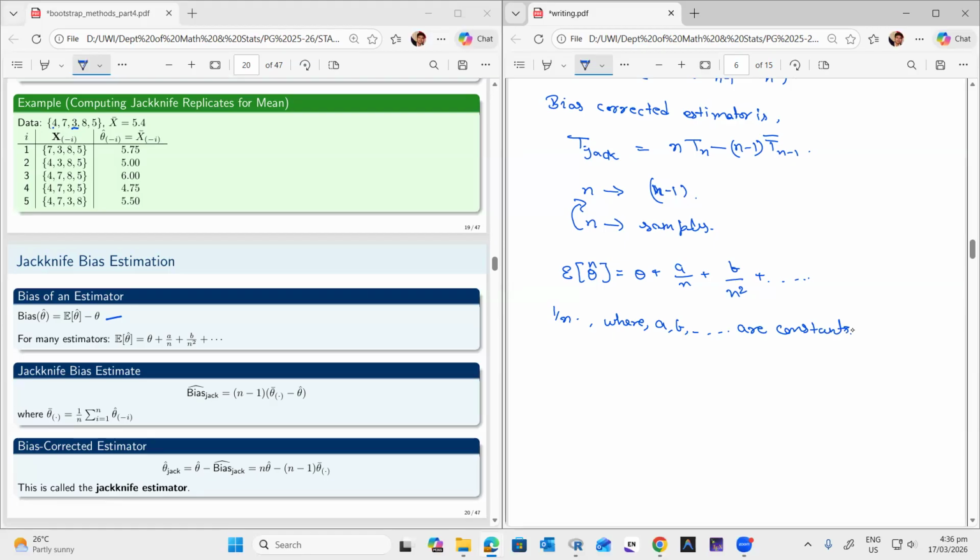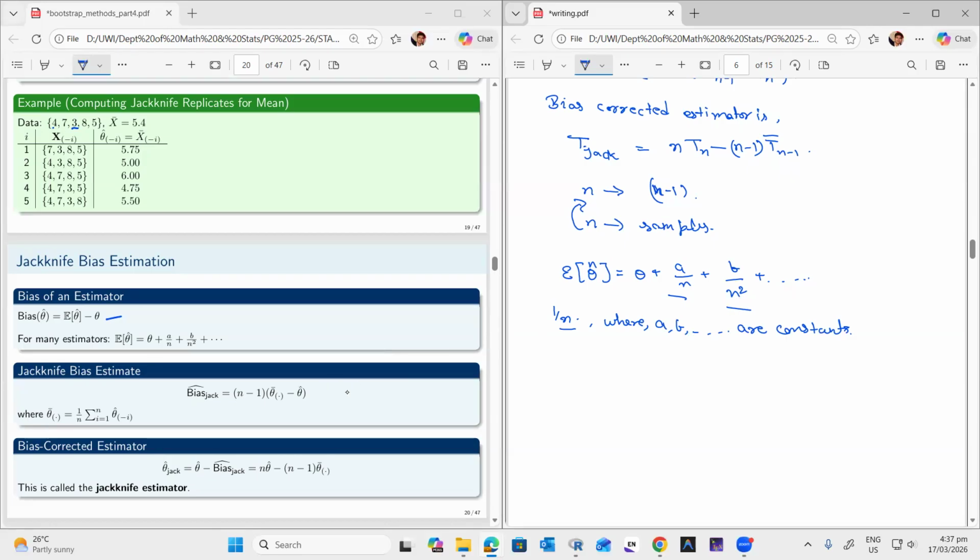We are assuming they may depend on the distribution under study but not on the sample size n. Such expansions hold under regularity conditions for a wide class of statistics like maximum likelihood estimates or method of moments. The term a upon n represents the leading order bias, and b upon n square is the next term, and so on.